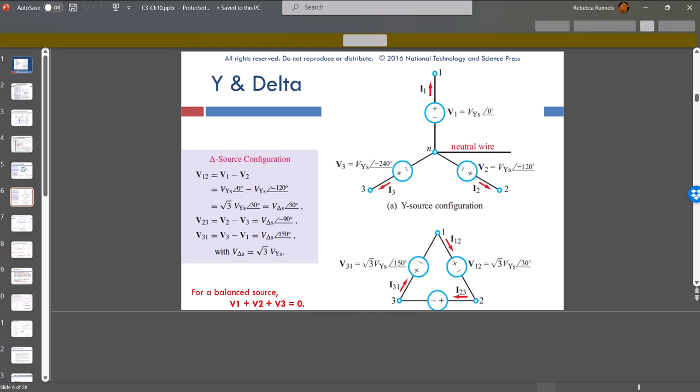So the Y is 30 degrees less. So to go from Y to delta, I'd add 30, and to go from delta to Y, I'd subtract 30. And to go from Y to delta, I multiply by the square root of 3, and to go from delta to Y, I divide by the square root of 3. And I think where I might have messed up is that this is positive phase sequence, and I might have been used to a negative phase sequence, which is different.